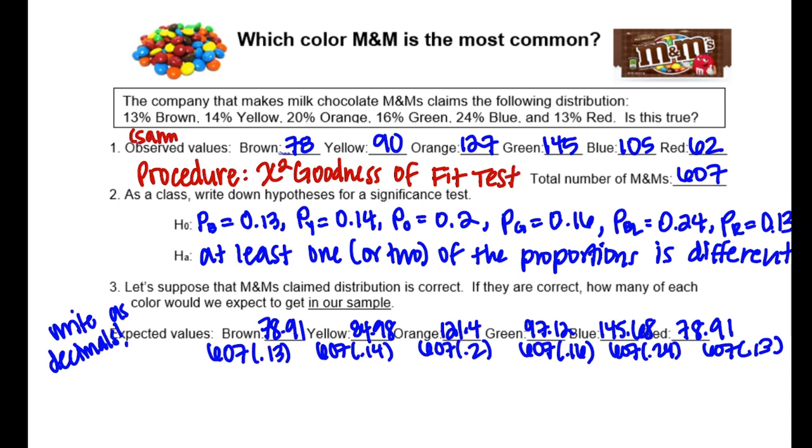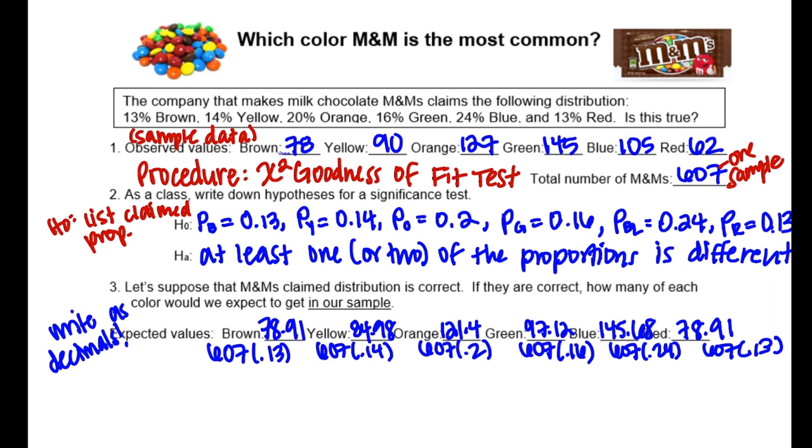I'm going to call this sample data, or the observed values. And it gives us one sample. And then we have proportions listed. So for your H0, you just list the claimed proportions.